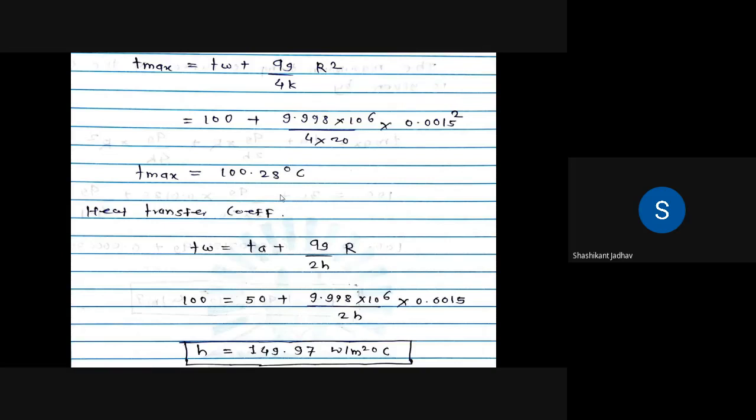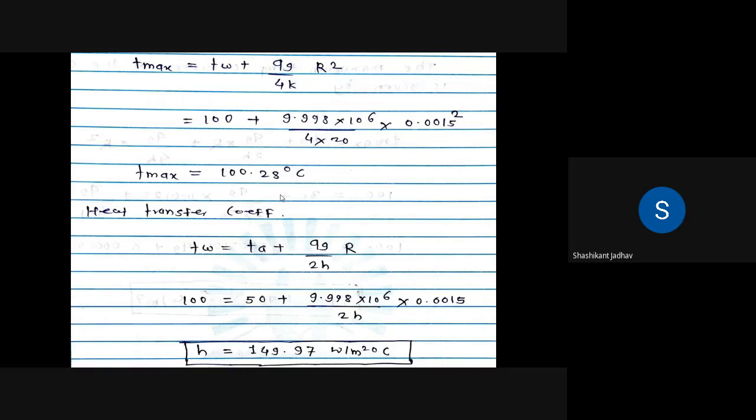Okay. Next, we have to calculate the value of H. I have already discussed which formula to use. Tw is given, Ta is given, so I have to use the formula for the temperature of the outer surface: Tw is equal to Ta plus Qg by 2h into R. We know the values of Tw and Ta, we have calculated Qg, and R is given.